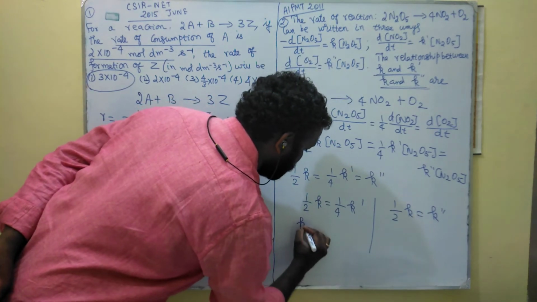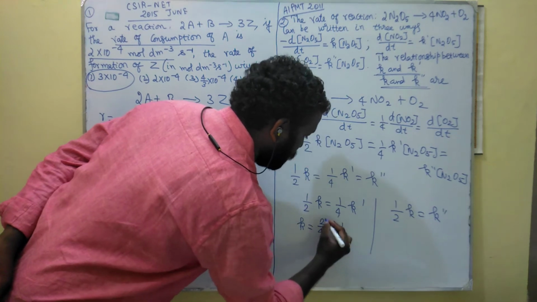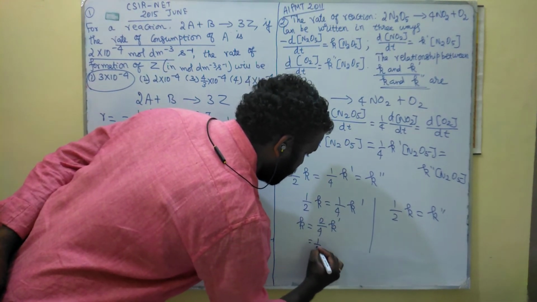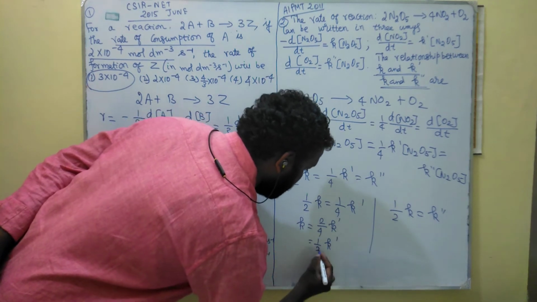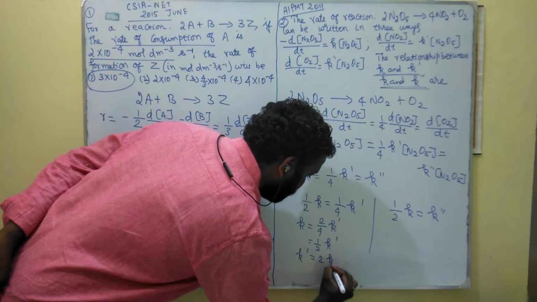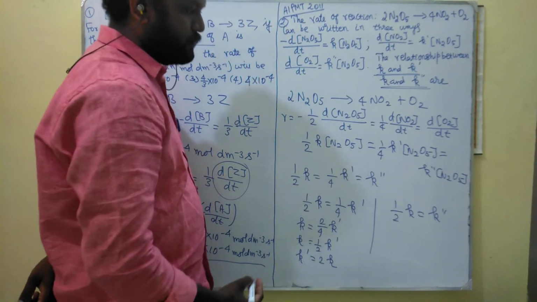So K is equal to 2/4 K prime, which is equal to 1/2 K prime. Simply you can write K prime is equal to 2K, or K is equal to K prime by 2.